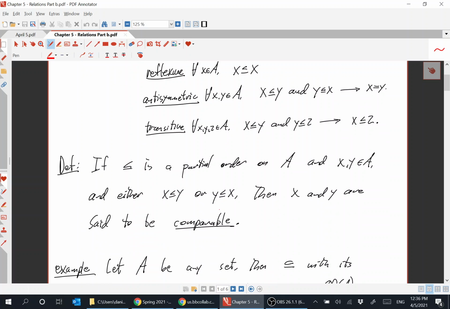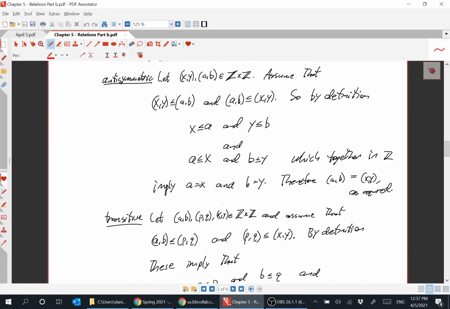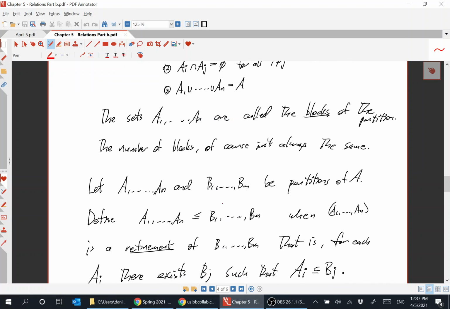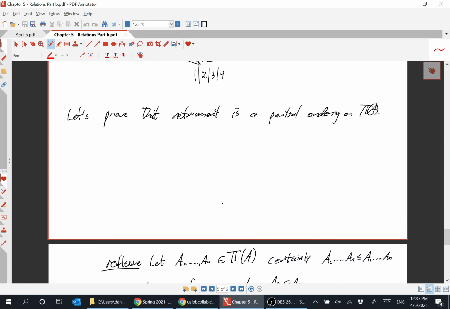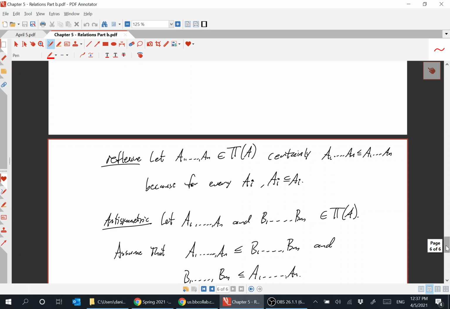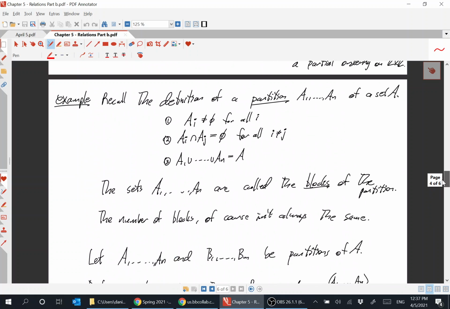So the final example that we had was this partition lattice, as it's called. The word lattice, we haven't defined it. It's a special partially ordered set. So let's just recall that definition. Relations are not interesting in and of themselves.